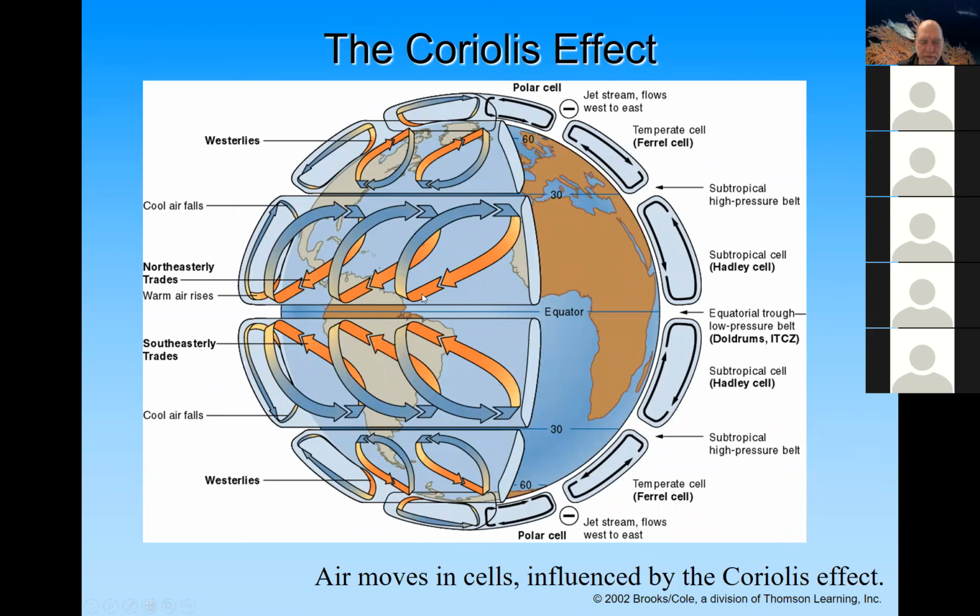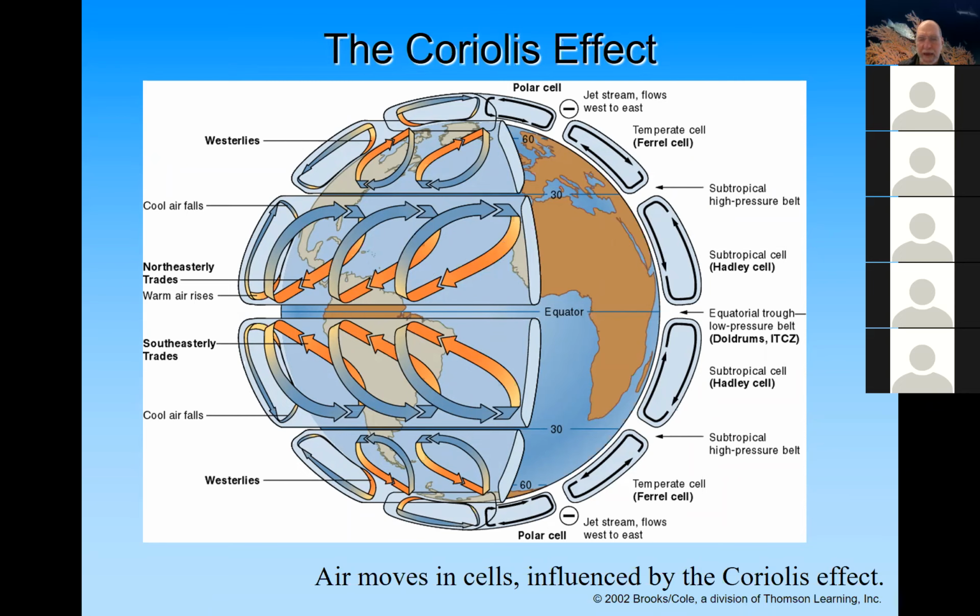We focused mostly on the Hadley cells with the production of warm, buoyant air around the intertropical convergence zone. We talked about how they give rise to the trade winds, these east to westerly flowing winds, and how the pattern of these winds creates a westerly flow in surface currents.